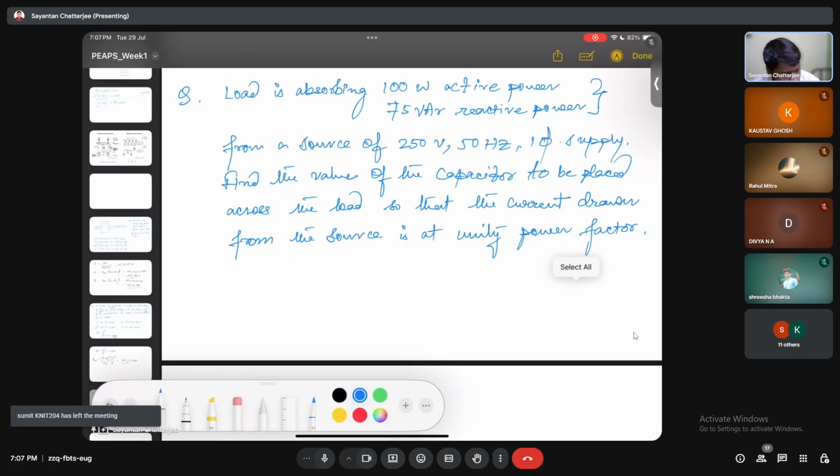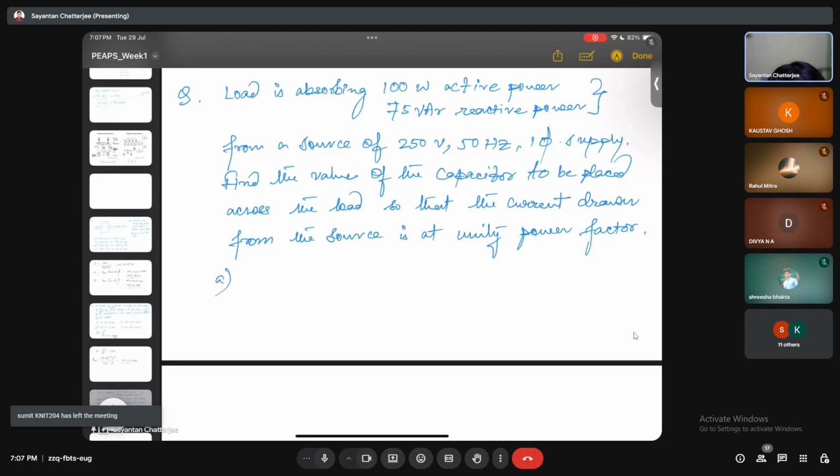Options I missed, right? So you try to solve till then I write the options.